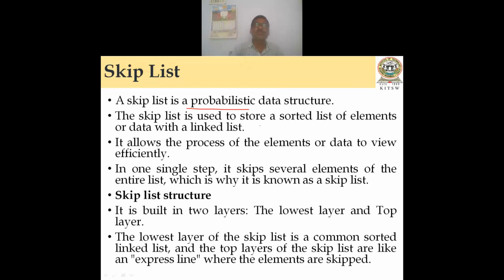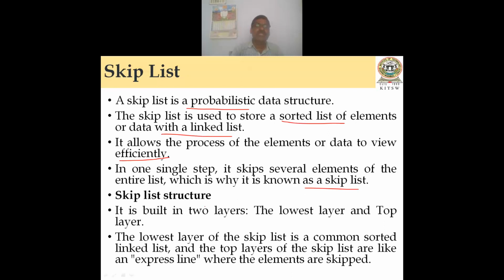The skip list is used to store a sorted list of elements or data with a linked list. It allows the elements or data to be retrieved efficiently. In one single step, it skips several elements of the entire list, which is why it is known as a skip list.